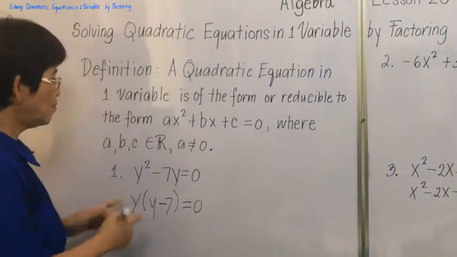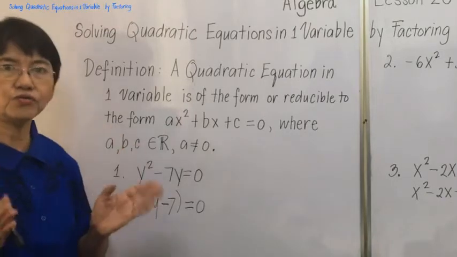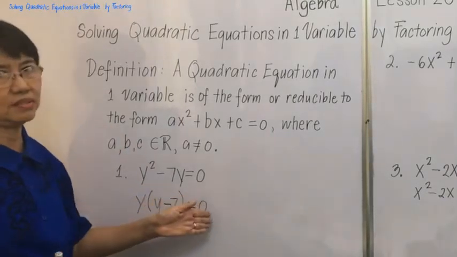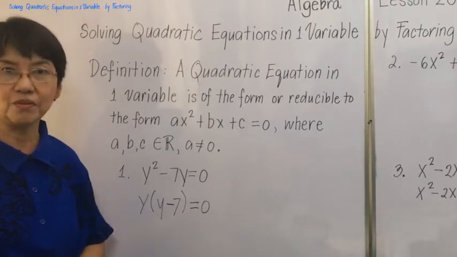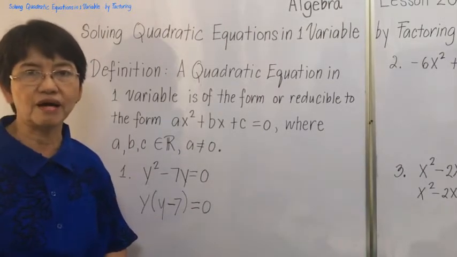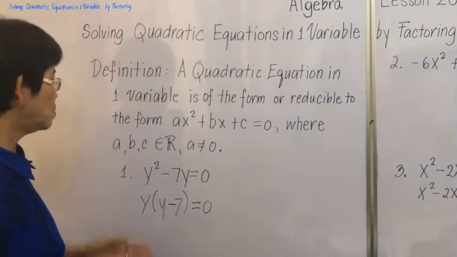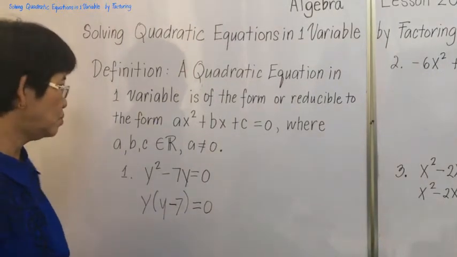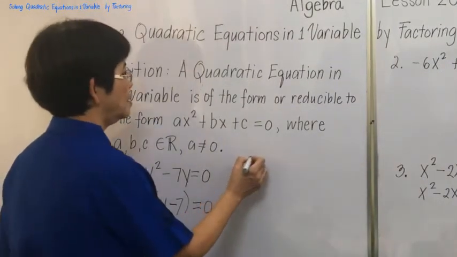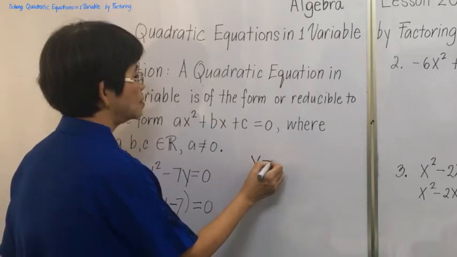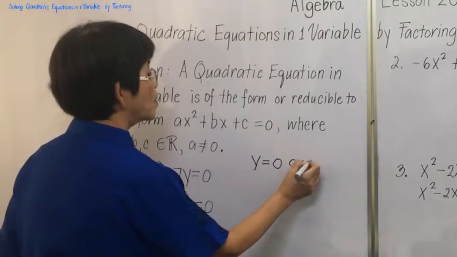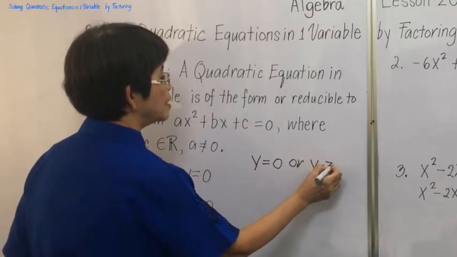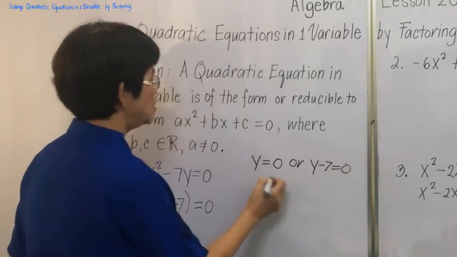With the two factors, if the result is 0, then one of the factors should be equal to 0, or both of the factors are equal to 0. So we will set both of the factors to 0. Either y = 0 or y − 7 = 0.